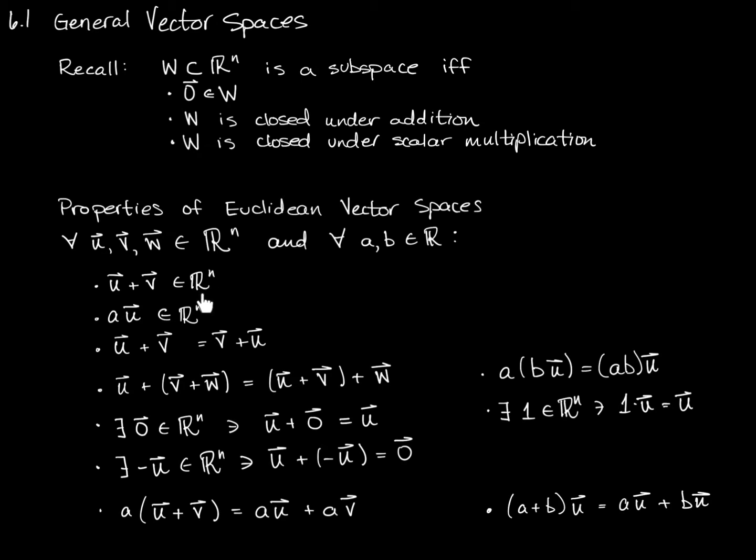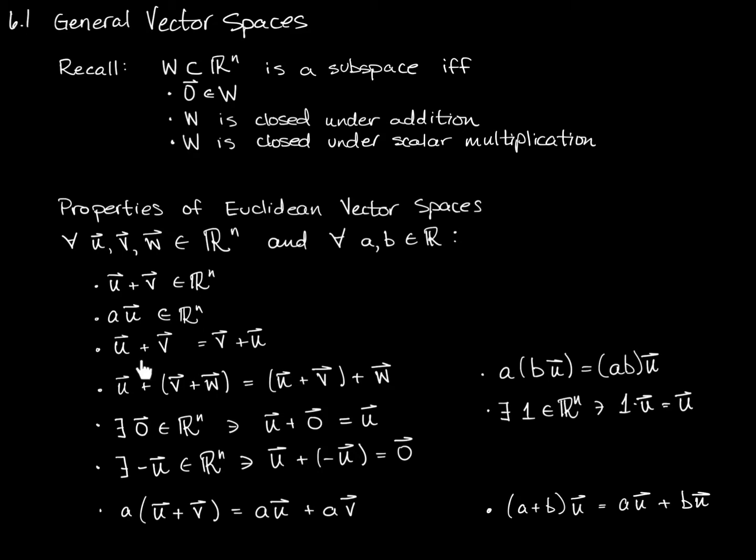The space is closed because when you do things to two things within that space, the result, another vector, still ends up in that space. It's like it can't escape. So when you scale a vector that you find in Rn, it's still going to end up in Rn, so it's closed under scalar multiplication as well. Closed under addition and closed under scalar multiplication.